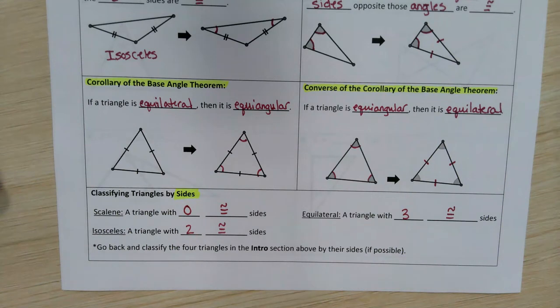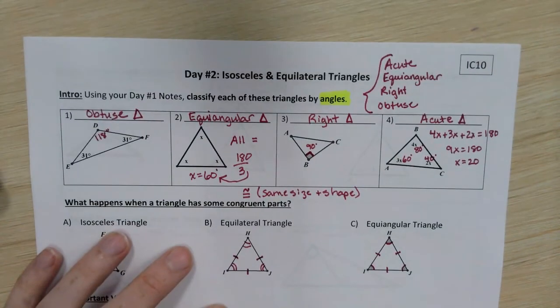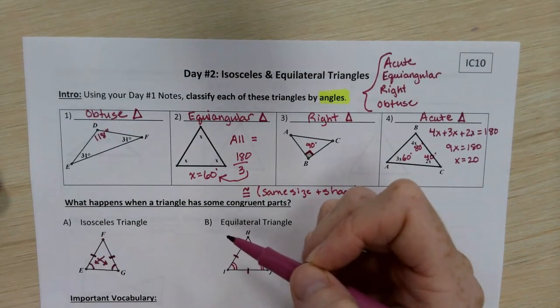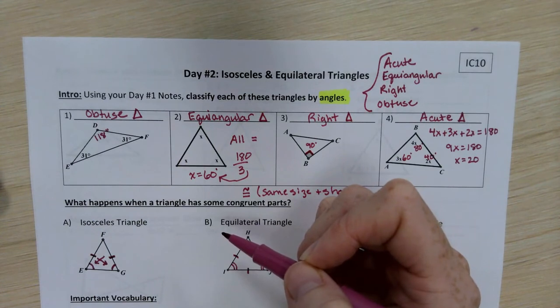They're all different. So they're asking us to go back now to the beginning in the introduction section and classify the triangles up there based on their sides if we have enough information to do so. So if we go back to these examples at the top, we're going to need to look carefully because all we have are angle clues.